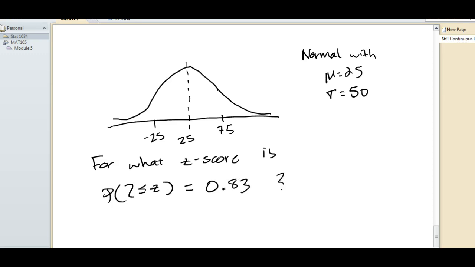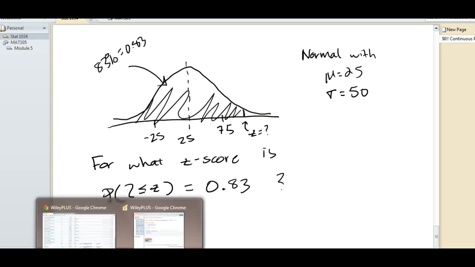So basically there's some value up here, probably around here, and this whole area is equal to 83%, or 0.83. So this is some z-score. Z equals what?